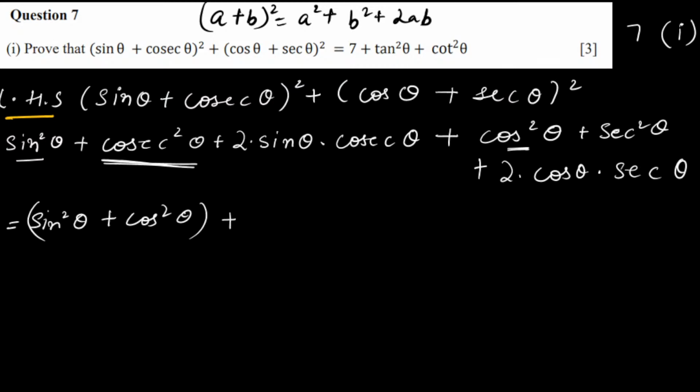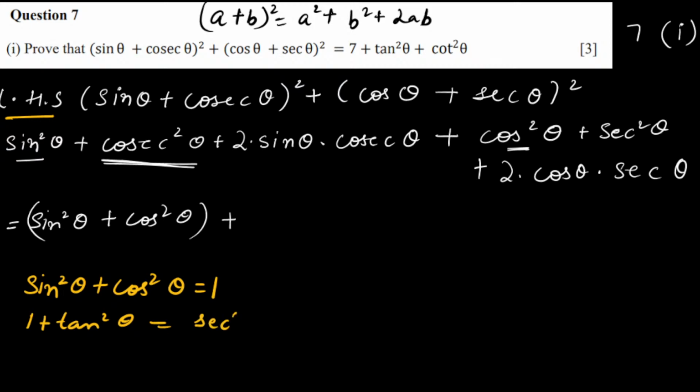So the trigonometrical square relations, if you don't remember all three, I'll just remind you. First relation is sine square theta plus cos square theta is equal to 1. Second one is 1 plus tan square theta is equal to secant square theta, and third one is 1 plus cot square theta is equal to cosecant square theta.